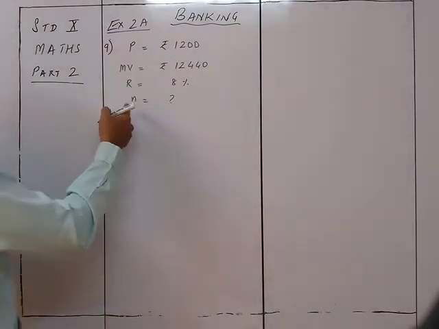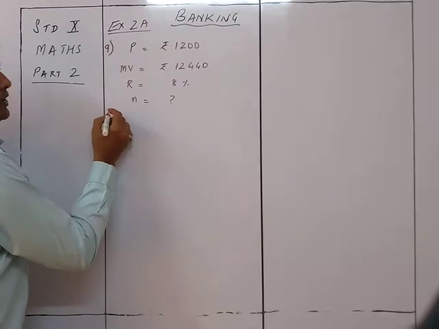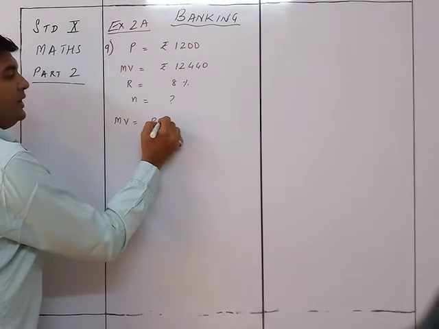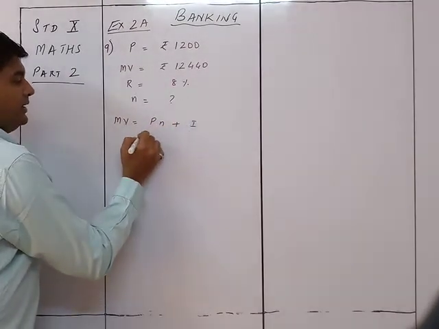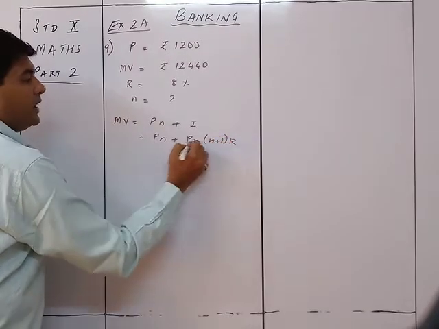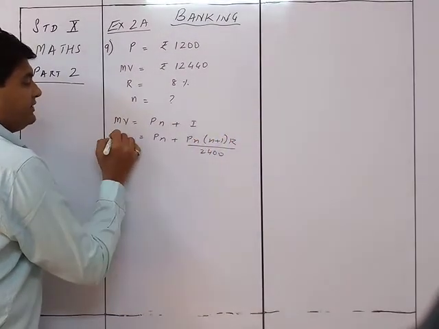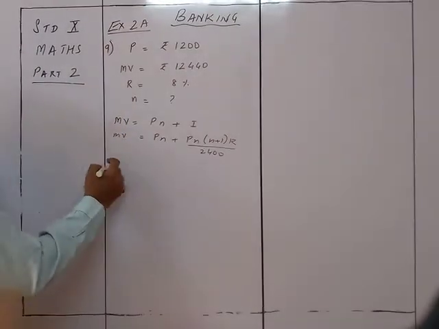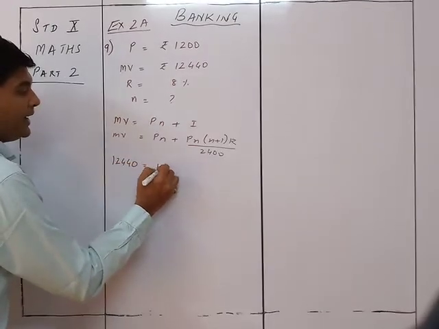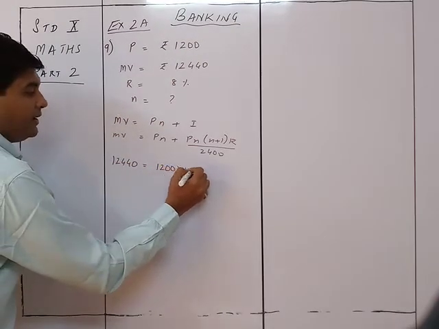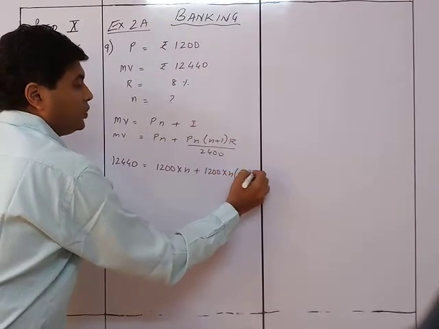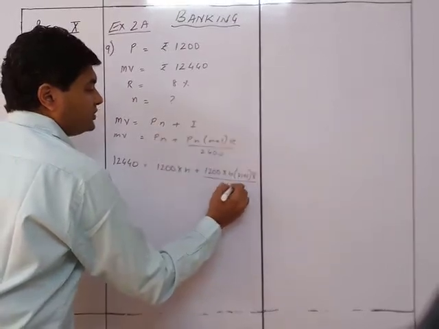So of course, because N is to be found out, MV is known to us. So what we'll do is that we are going to say MV is equal to PN plus I is equal to PN plus PN into N plus 1 into R upon 2400. So accordingly, 12440 is equal to 1200 into N plus 1200 into N plus 1 into 8 upon 2400.